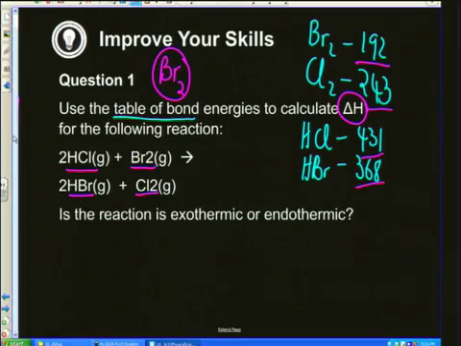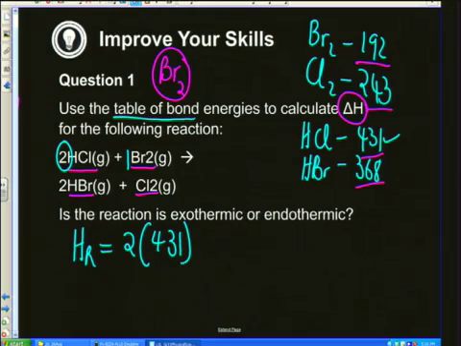It is per mole, so if you look at this reaction, I've got 2 moles of HCl reacting with 1 mole of Br2. So the energy of reactants would be equal to 2 of what? The HCl, the energy is that one. You need 431 kilojoules to break 1 mole. So if I've got 2, I'll need twice as much. Plus, for Br2, I need that amount of energy to break that bond, so it will be plus 192.